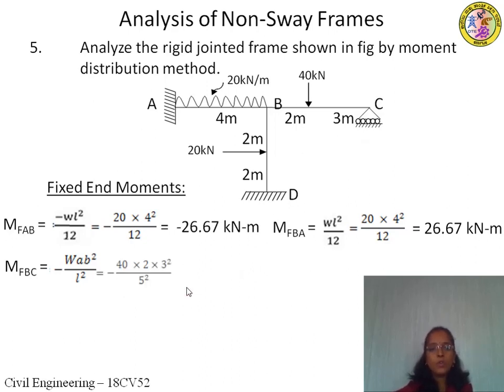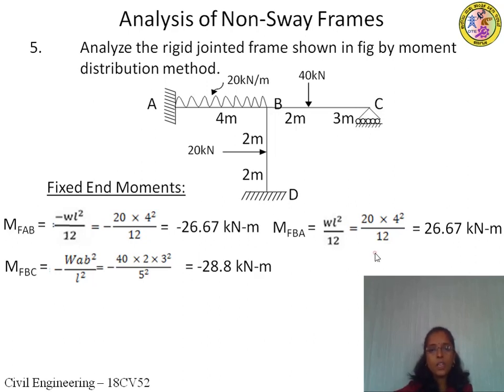So if you substitute it, it will be 40 into 2 into 3 square by 5 square. So that will be equal to minus 28.8 kilonewton meter.